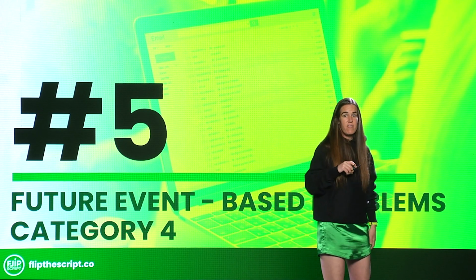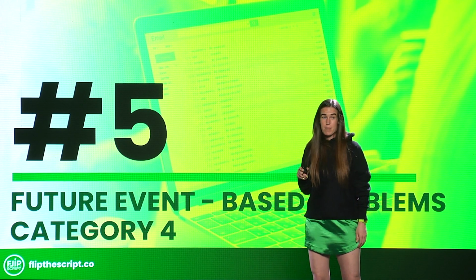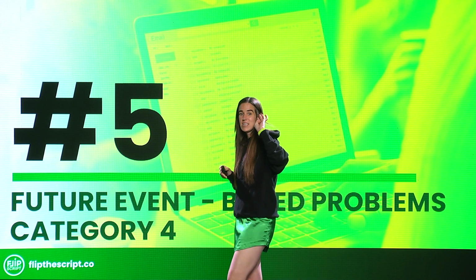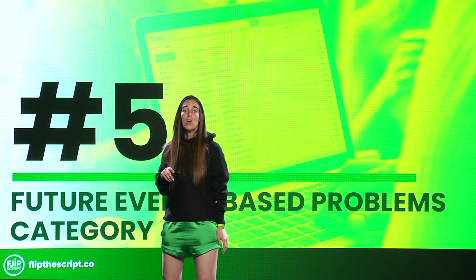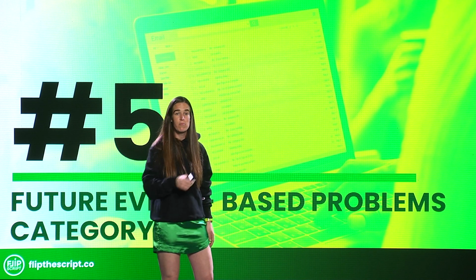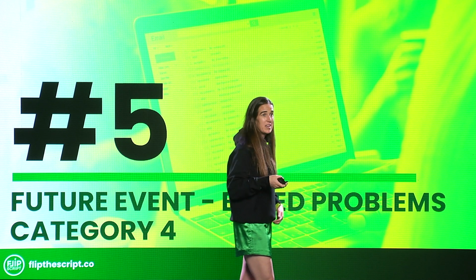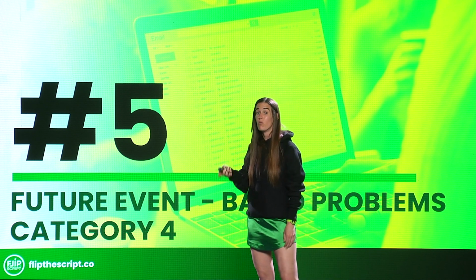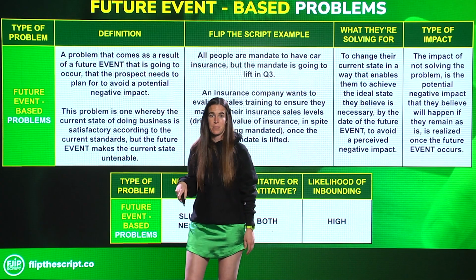Problem number 5, future event-based problems. This is category 4. So essentially, this is something that is a neutral problem to solve for, where it's a future metric or event or goal that will be issued in that you're positive of, that you need to solve for in the present to avoid an impact from happening.